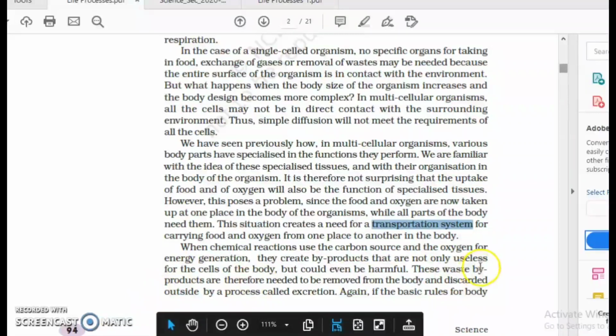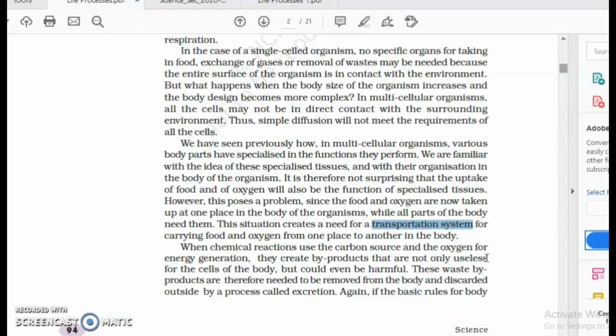And of course, because of these redox reactions, metabolic reactions, a lot of waste material is going to be generated. And we know that if waste materials are not removed from a healthy environment, they start damaging the cell or the organism. So we need an entire mechanism for the removal of these waste products.